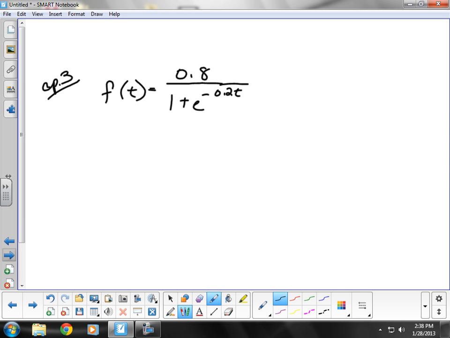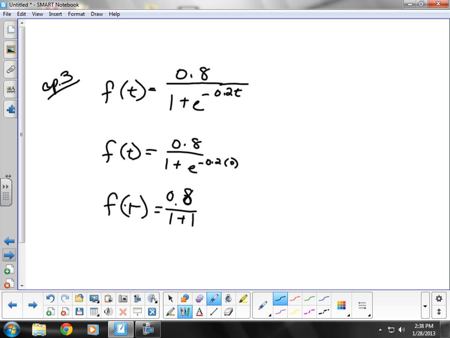If it's before any learning gets to take place, what would t be? 0. So you put a 0 in for t, and anything to the 0 power is 1. Very good.